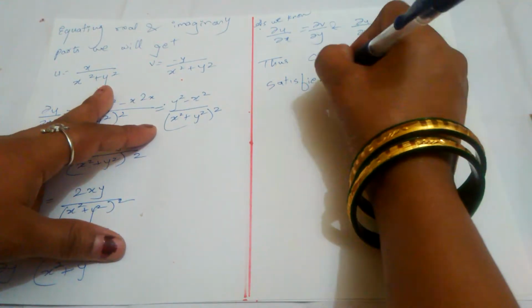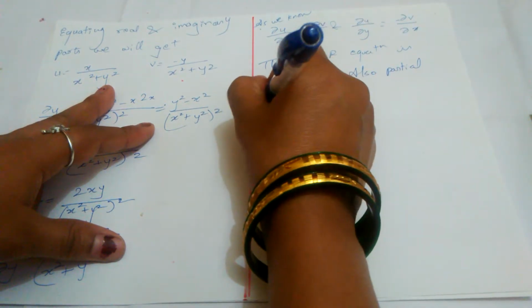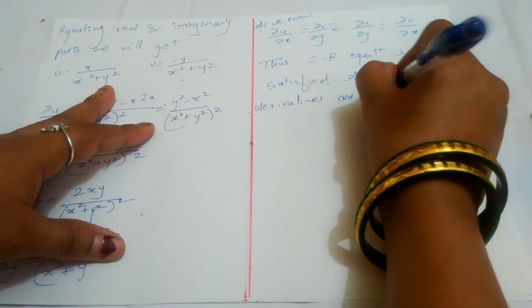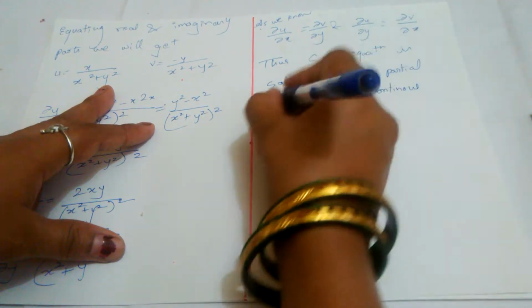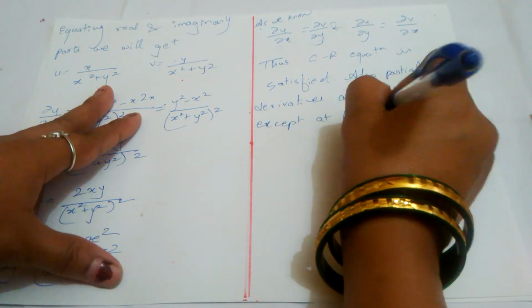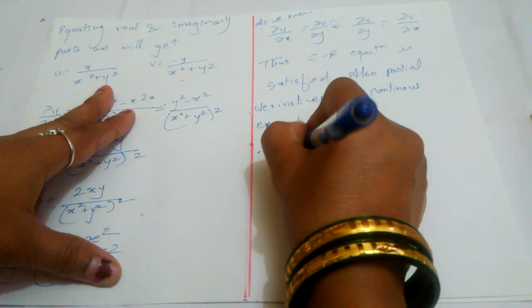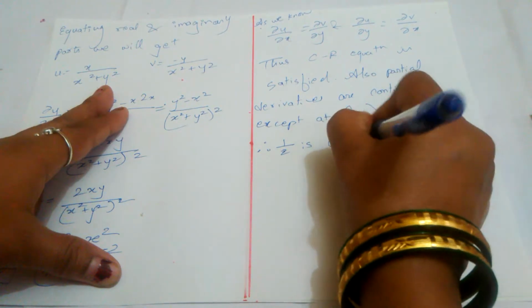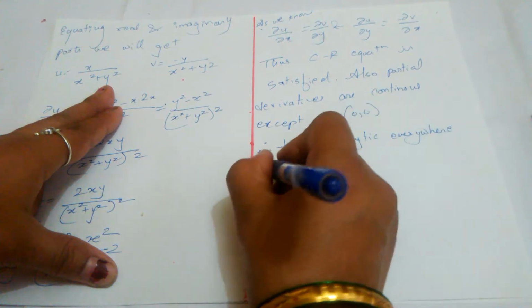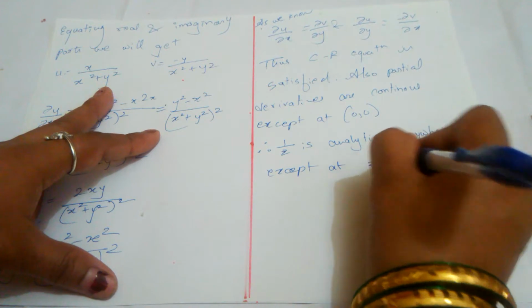So also the partial derivatives are continuous except at (0,0). Therefore 1/z is analytic everywhere. It is analytic everywhere except at z equal to 0.